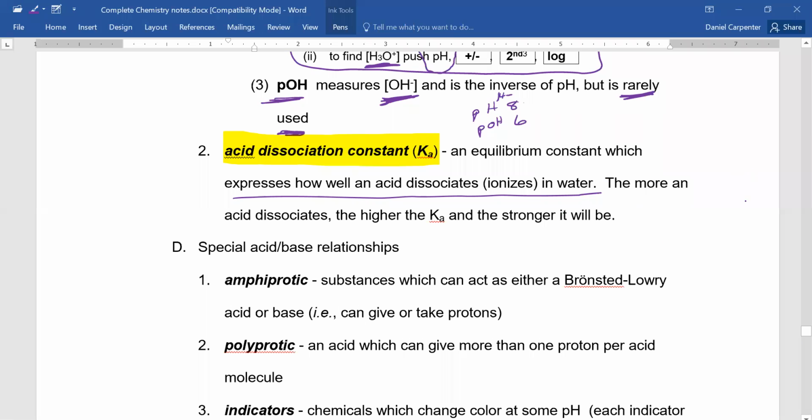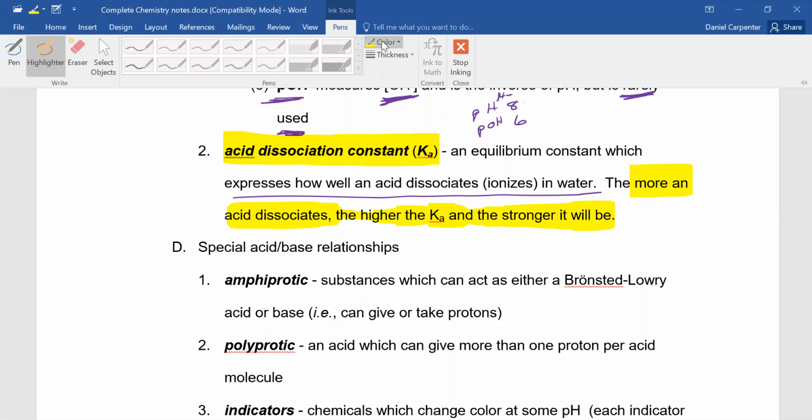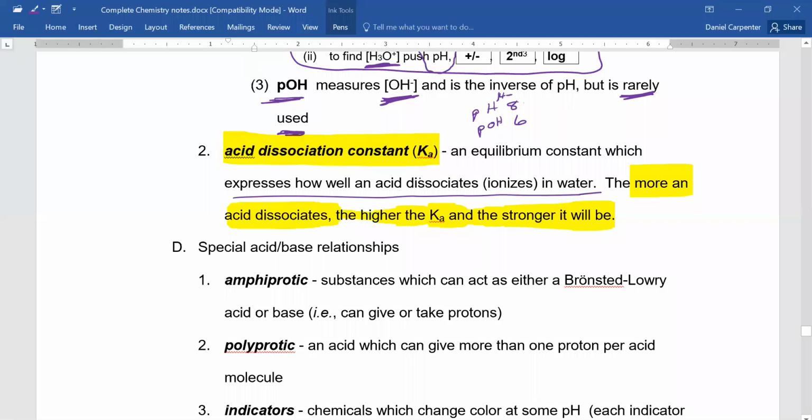Well, it's actually kind of important, because the more an acid dissociates, in other words, breaks into its ions, the higher the Ka, and the stronger the acid will be. So if you have a table of acid dissociation constants, it's super easy to tell without ever having to do any experiments what acid is stronger, what acid is weaker, because the acid that's higher up on that chart, the acid with the larger Ka, will be stronger.